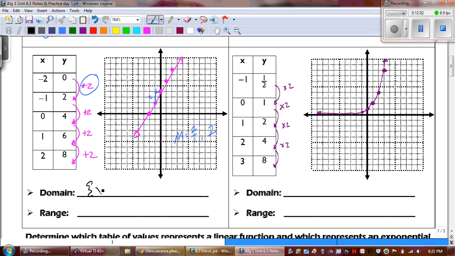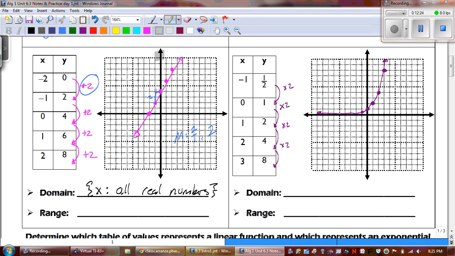Well, there's no stopping because see the arrows? The arrows mean it goes on forever and ever, which means for x from left to right, it can be all real numbers. And that's the key thing about the arrows.